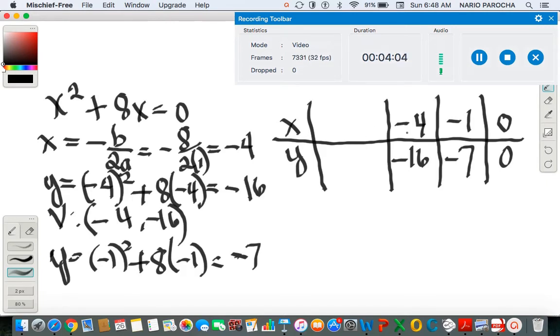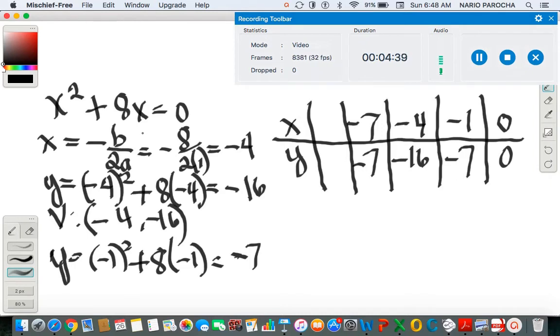The distance between negative 4 and negative 1 is 3 units, so at x is equal to negative 7, y is negative 7. Let's check it here. If x is negative 7, negative 7 squared is positive 49, plus 8 times negative 7 is negative 56.